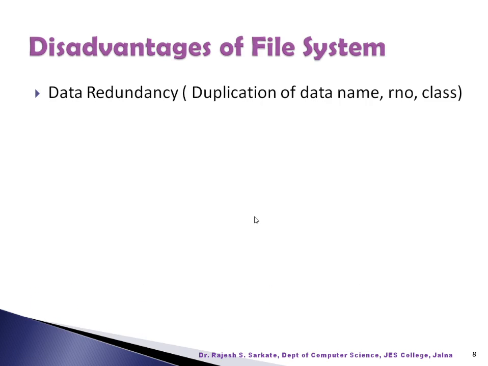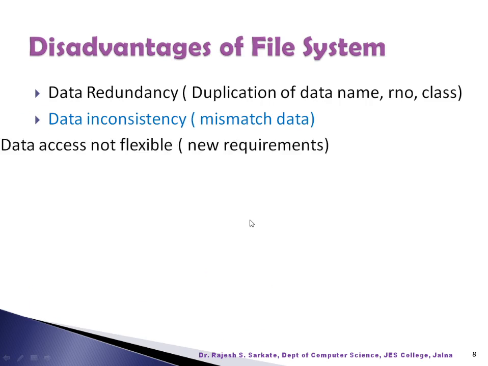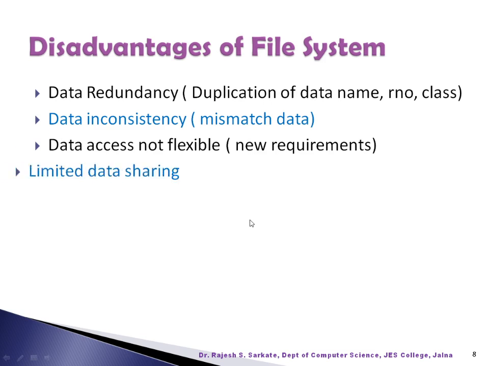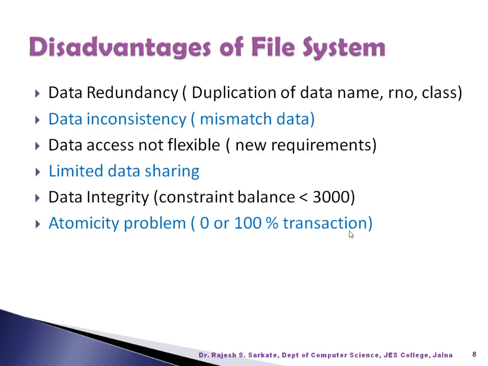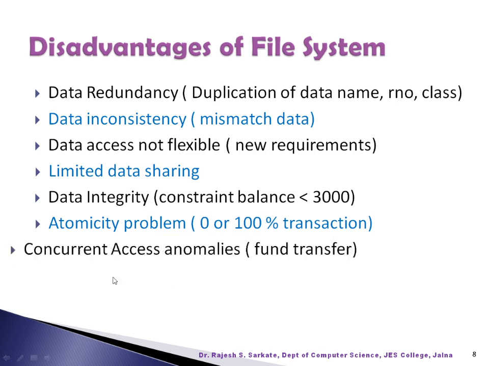These issues are data redundancy, duplication of data, inconsistency, then access is not flexible for new requirements, limited data sharing due to different file structures, data integrity, where you have to modify the program to implement the constraints, and atomicity, that means 100% transaction or no partial transaction.